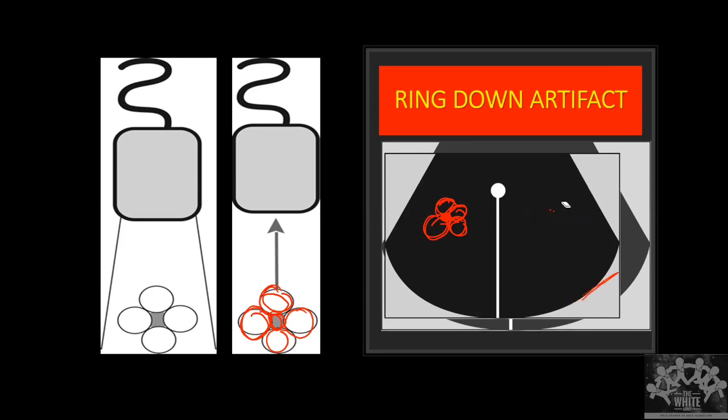Now imagine there is a bubble. Inside the bubble I'm seeing some reflection, a bright line here. But deeper to it, it is completely appearing blacker. What do you think is present here?